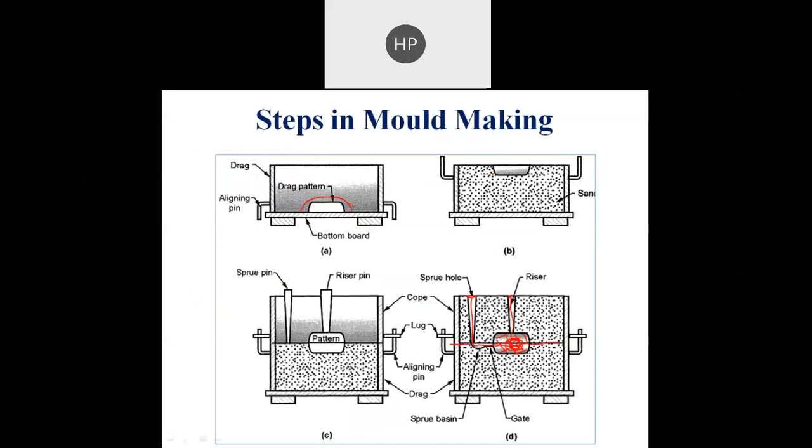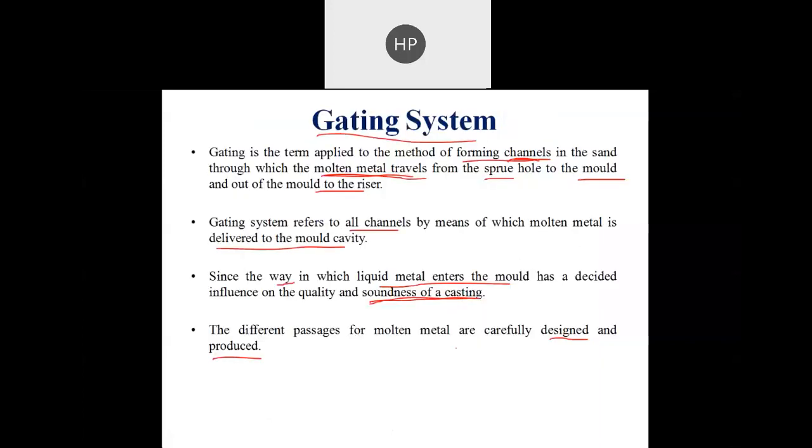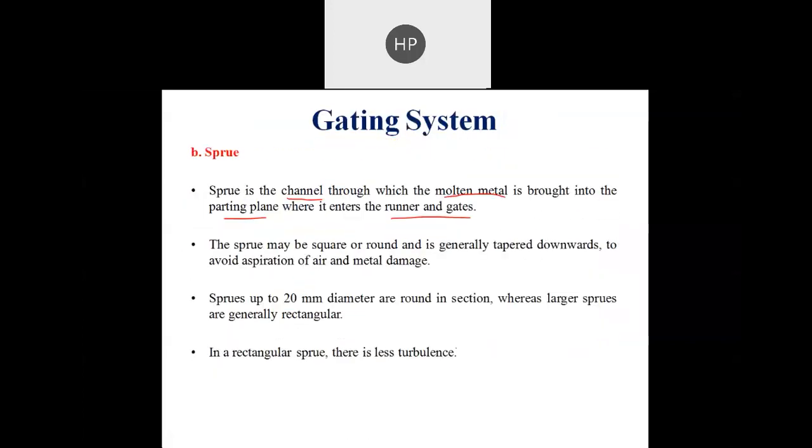From the top up to that parting line, we have to take the molten metal. That flow of the molten metal up to that parting line is possible by use of a sprue.